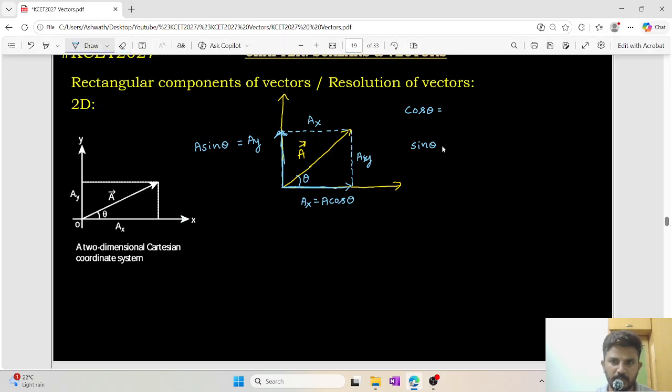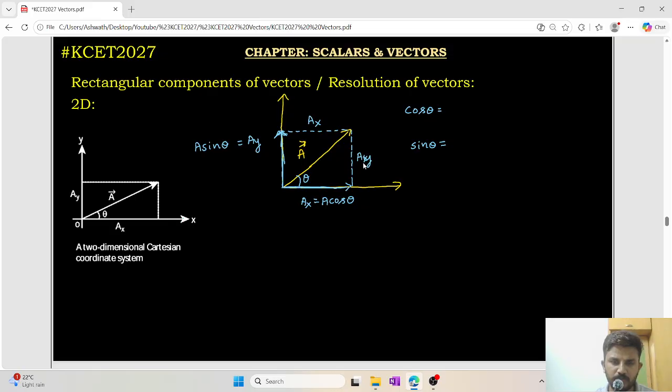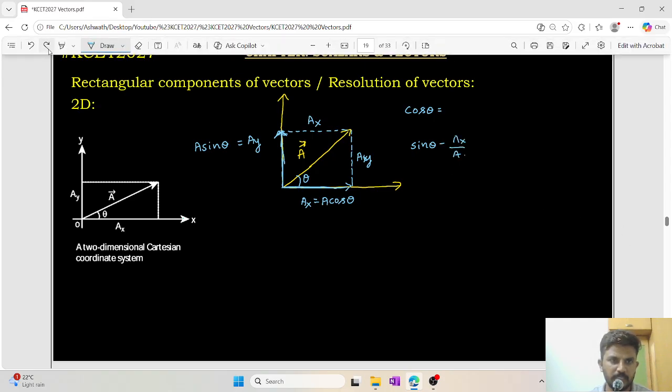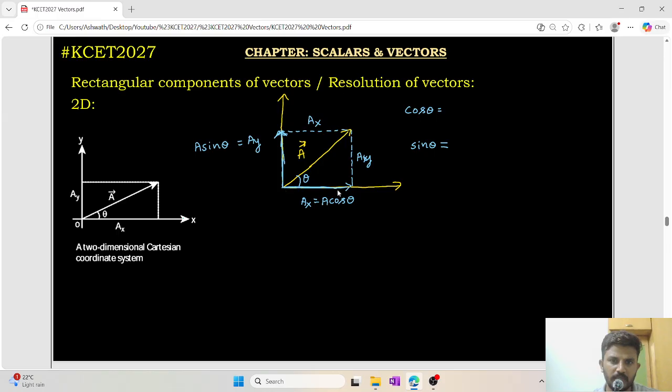Okay, let me take it again. Sin theta is equal to opposite by hypotenuse, that is Ay by A, in this triangle.